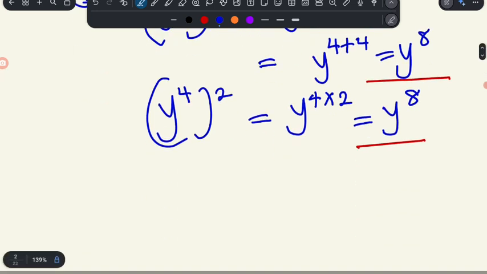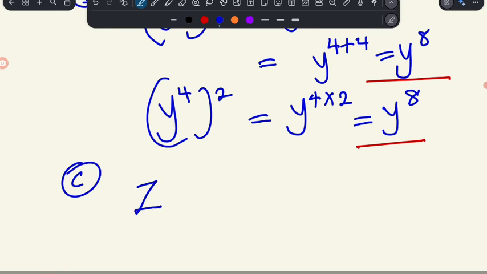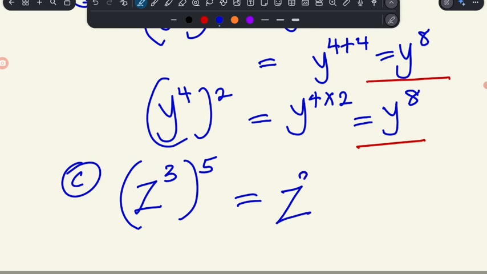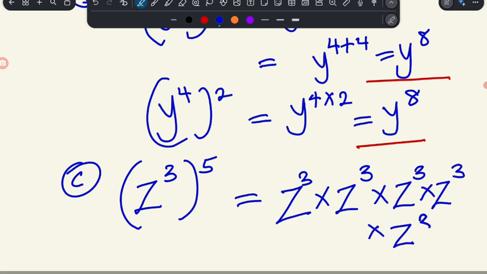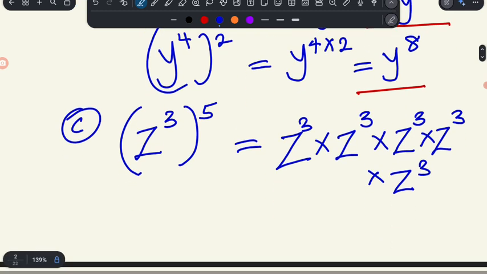That tells you that the product of indices law we are using is so general. Let's also have another example. We have z raised to power 3, raised to power 5. We apply the formula straight. If you decide to write z raised to power 3 times z raised to power 3, five times, in many cases they might give us z raised to power 3, raised to power 25.